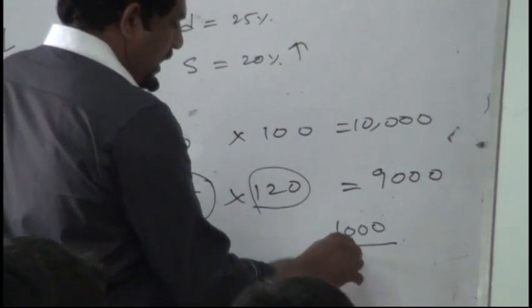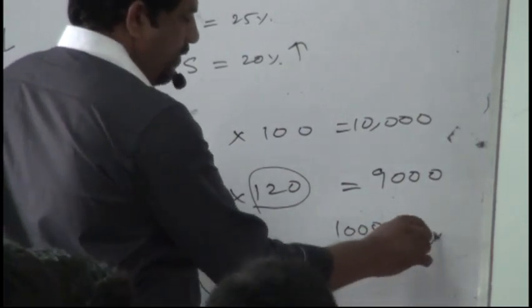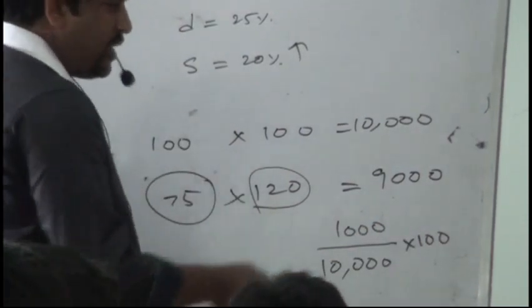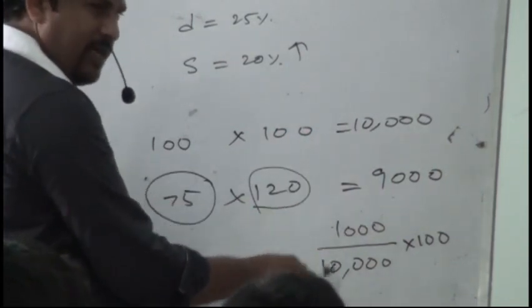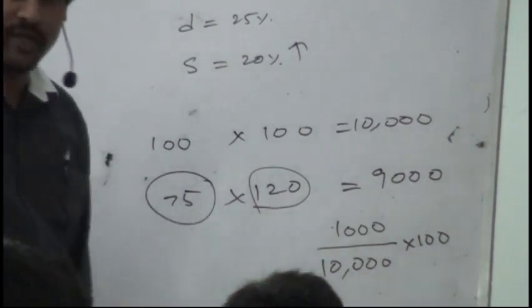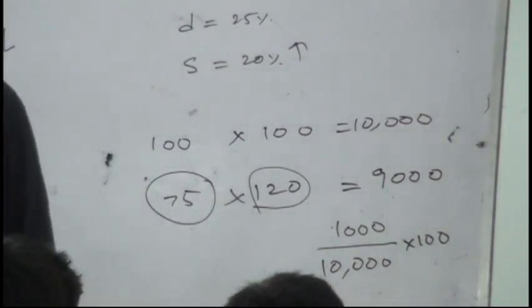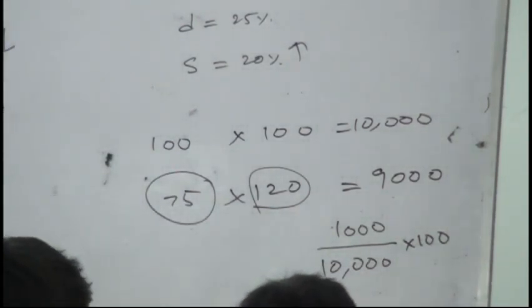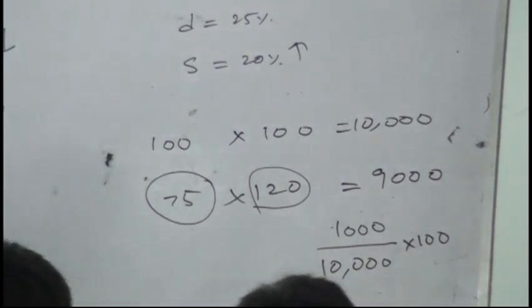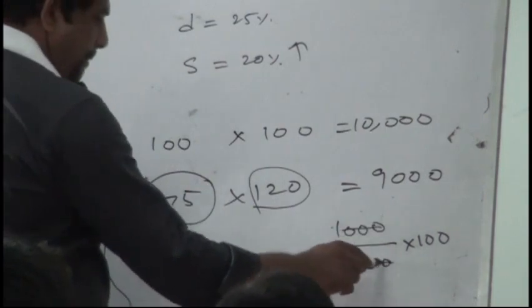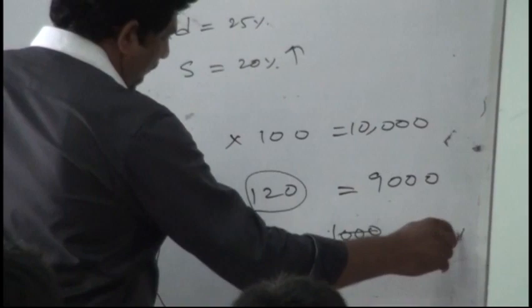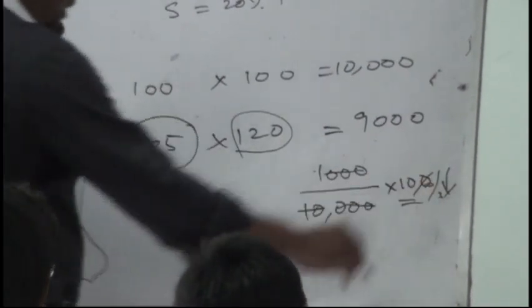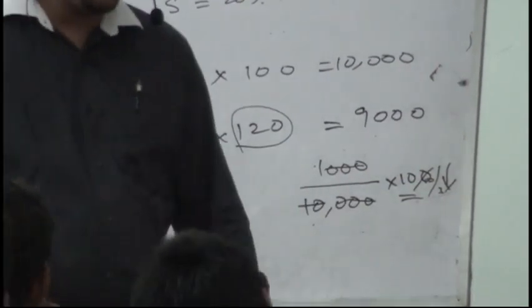Change by initial value into 100 will give you the percentage change. So what is it? 10%. His revenue decreased by 10%.